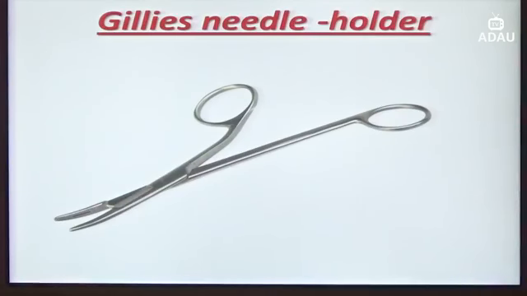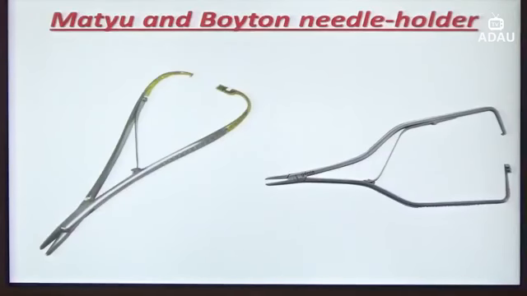We use the Gillies needle holder, the Mathieu and the Boyton needle holder. Most commonly we use the Mathieu needle holder, which is very easy, and sometimes the Boyton. The function of the needle holder is to hold the needle fixed, and after that apply stitches to the skin.